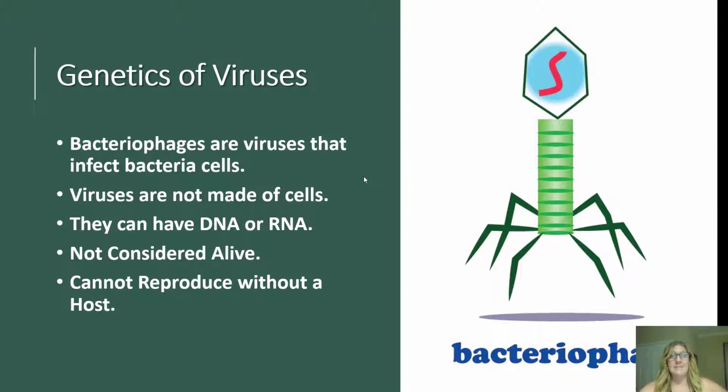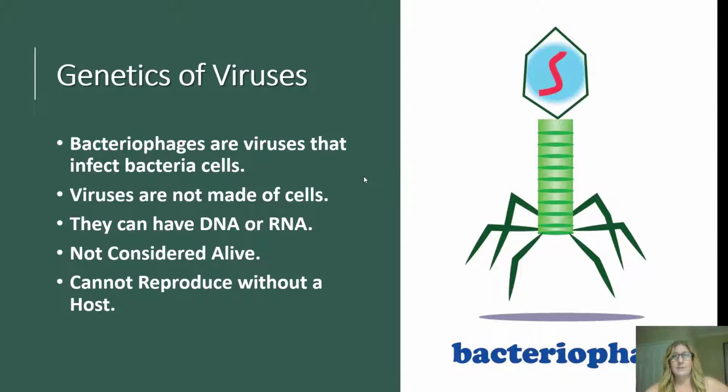They can have either DNA or RNA as their genetic material. Since they're not made up of cells, they do not meet the current criteria for what we call life. So they're not considered alive, even though there is some debate right now that maybe we should redo that criteria because they're so highly complex.